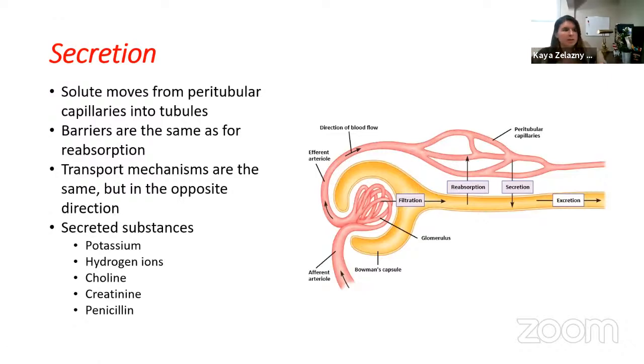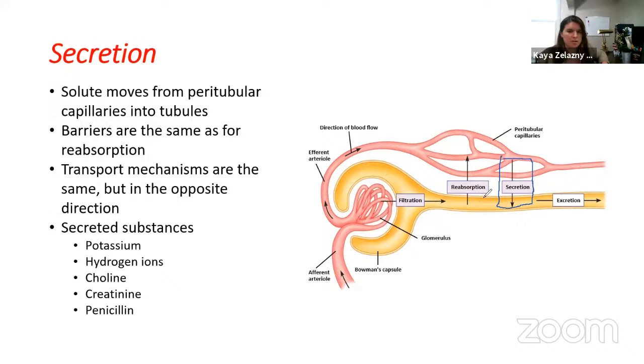This brings us to the topic of secretion, right? Not excretion, secretion. So in secretion, we're going to have the movement of molecules from the blood into the filtrate. All right, so we talked about this a little when we defined each of these terms when we saw this diagram the first time. So the barriers are going to be the same as for reabsorption.